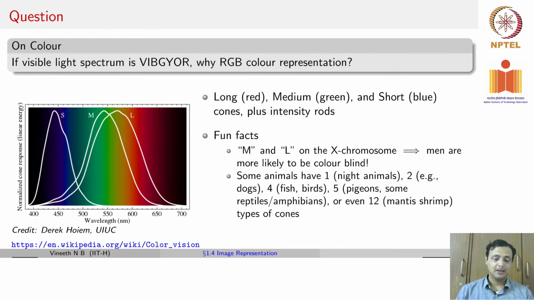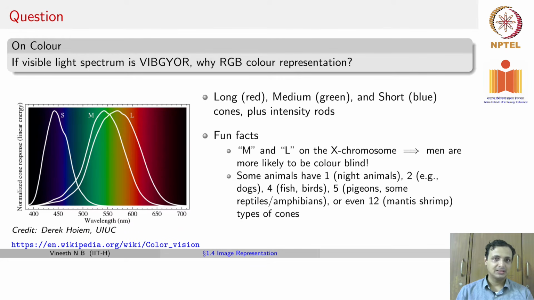Hope you all had a chance to think about it, read about it, and figure out the answer. The answer is the human eye is made up of rods and cones. The rods are responsible for detecting the intensity in the world around us, and the cones are responsible for capturing the colors.